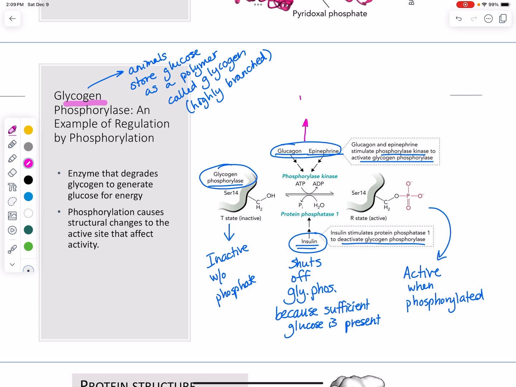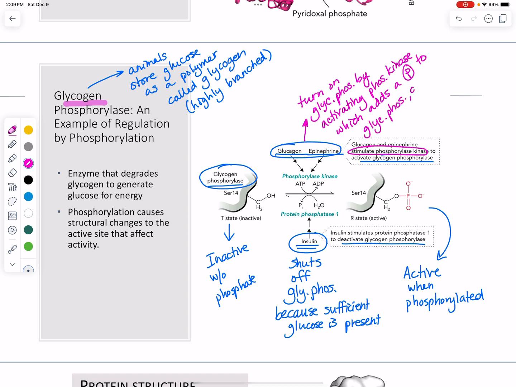These ones are going to turn on glycogen phosphorylase by activating an enzyme called phosphorylase kinase, which adds a phosphate to glycogen phosphorylase, activating it.